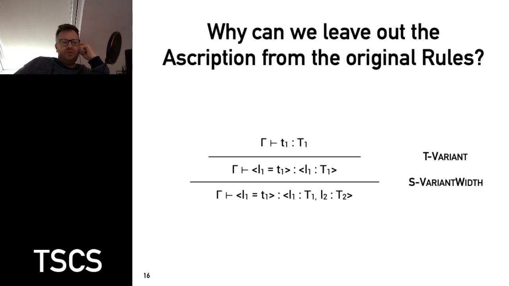And that means we do not need the exact type anymore, because now we have the T sub rule and the S variant width rule to help us in cases where we would have needed description beforehand. And this is why we don't need it anymore. Pretty neat.